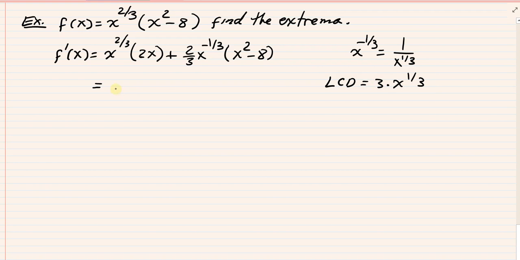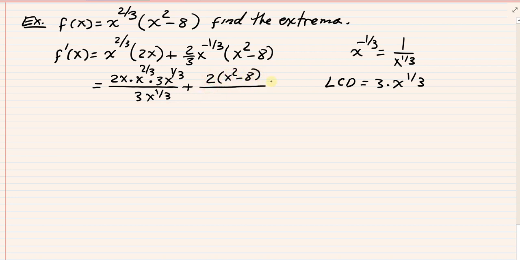That means I need to build my first fraction, which is 2x times x to the 2/3 multiplied by 3x to the 1/3, divided by 3x to the 1/3. I'm building the fraction to the LCD, and the second expression is 2 times the binomial divided by 3x to the 1/3.